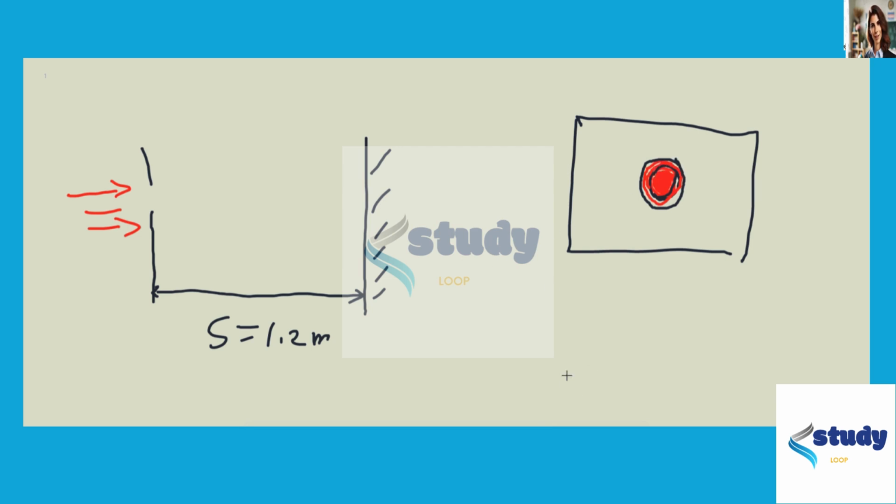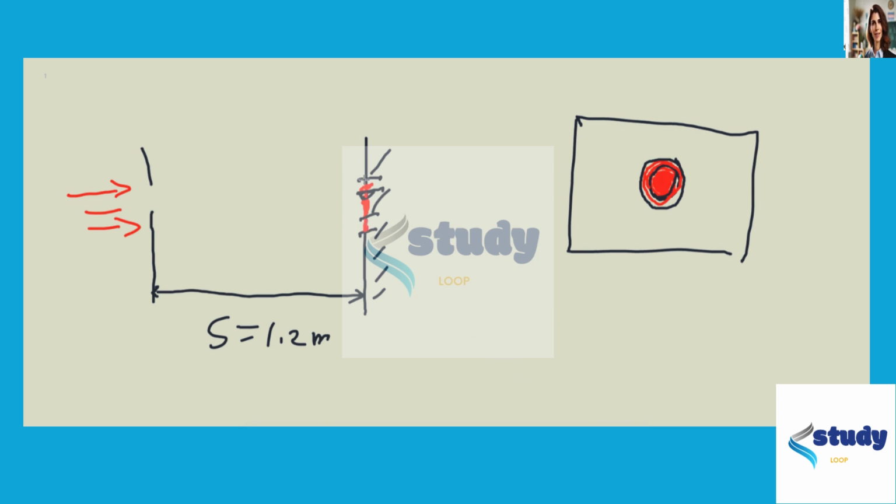If we draw it on the screen on the left side here, we will have the Airy disk, the first dark ring, the first bright ring, and the second dark ring.